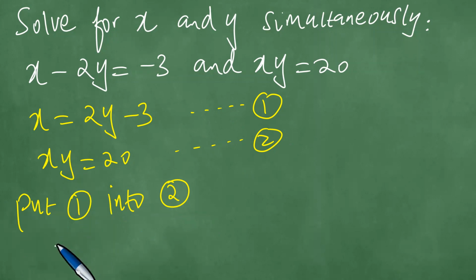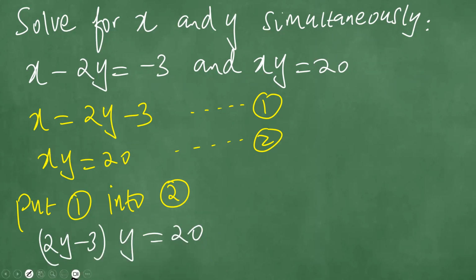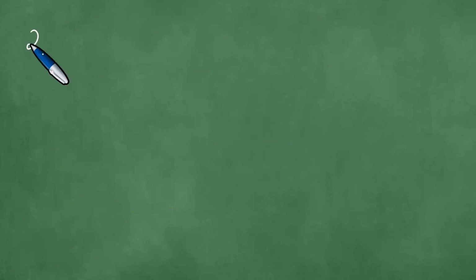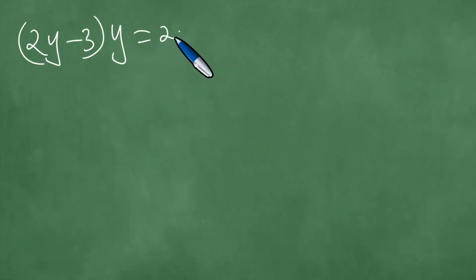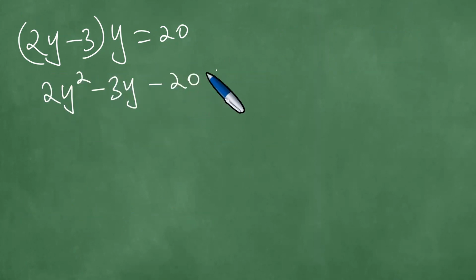If you put 1 into 2, wherever there is x, you put 2y minus 3. So (2y minus 3)y equals 20, which gives 2y squared minus 3y minus 20.